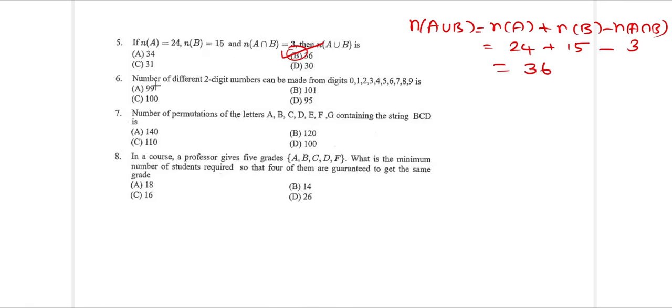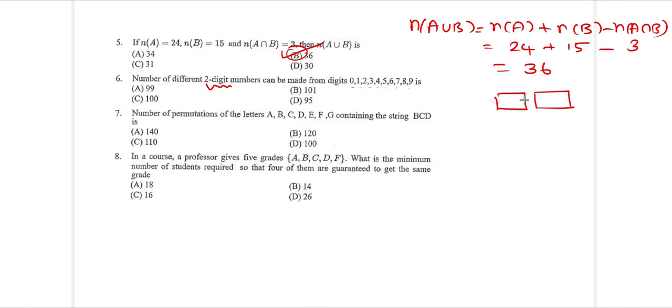Next, the number of different two-digit numbers that can be formed using the digits 0, 1, 2, 3, 4, 5, 6, 7, 8, 9. All the 10 digits starting from 0 to 9 are there. What we want is a two-digit number.